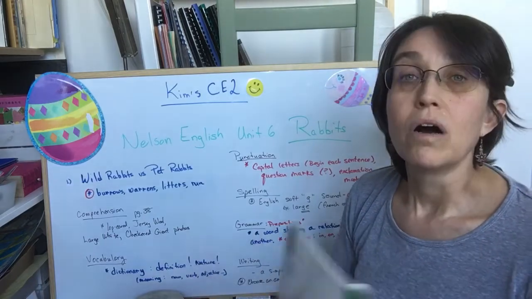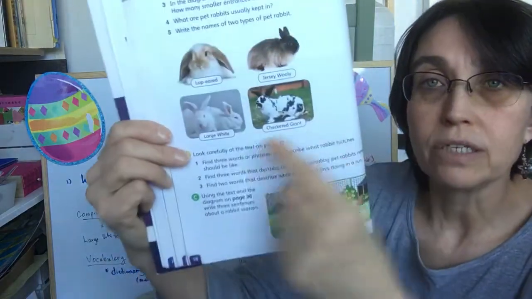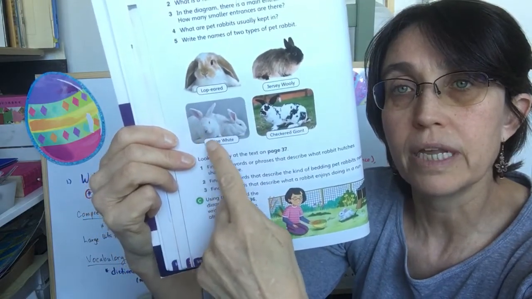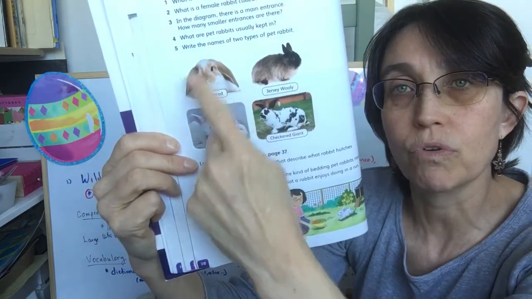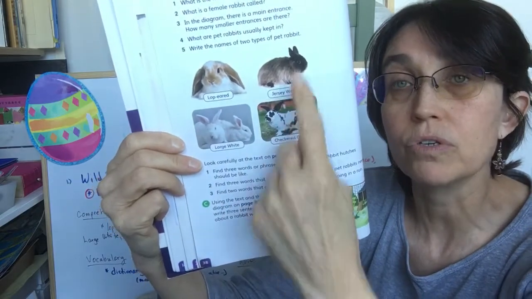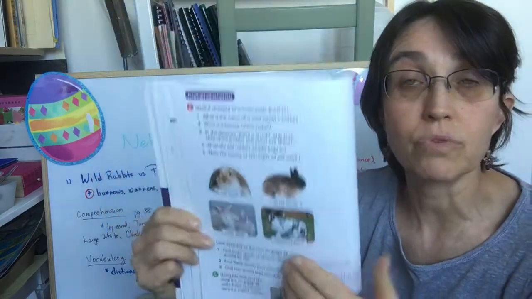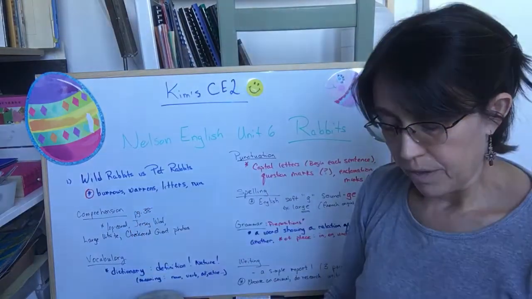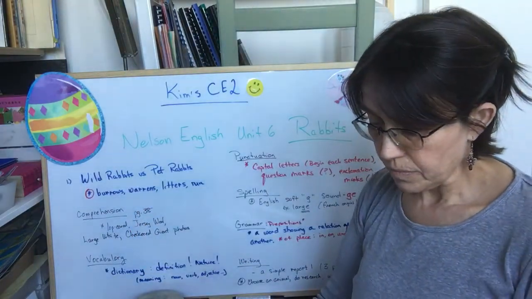Now, on page 38, you'll have a photo and a name tag of each of the 4 I just read. You can also look on the internet, putting these names in, and you'll get more pictures. Okay, I continue.